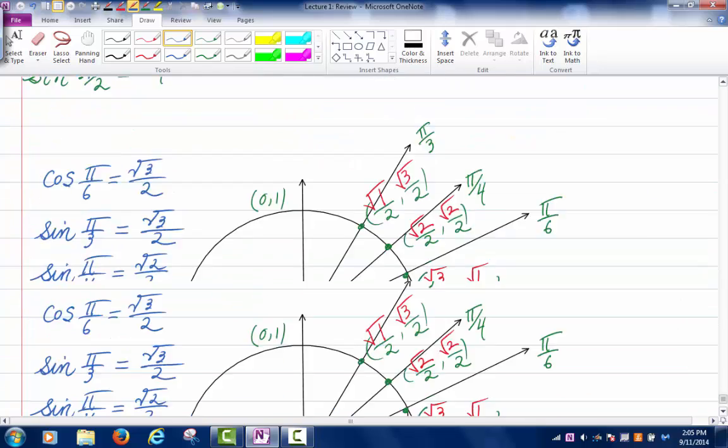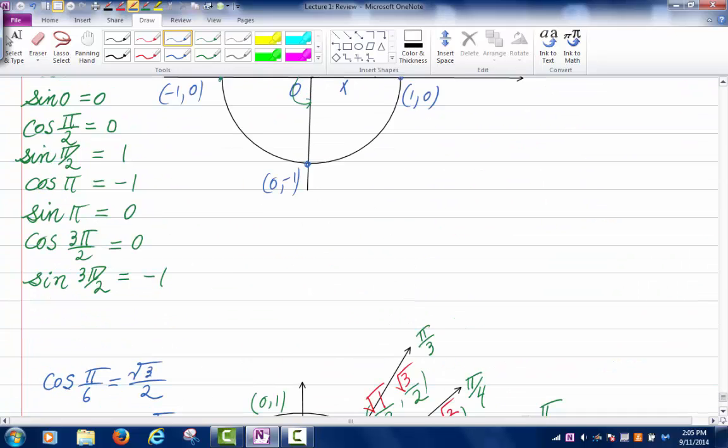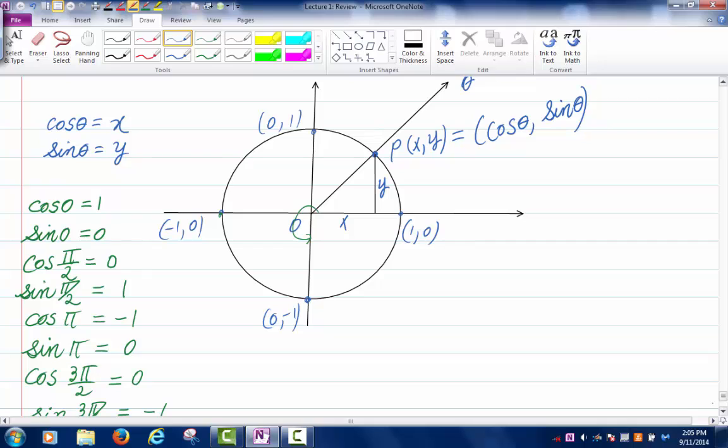First of all, going back to this unit circle here, remember cosine theta gives you the first coordinates of the points on the circle, right? And notice that the first coordinates vary from -1 to 1, right?